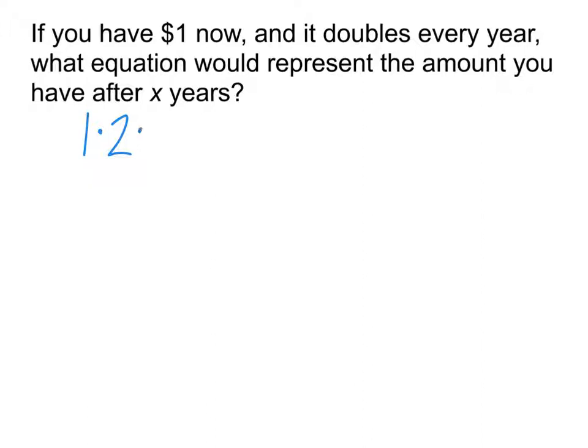After 2 years, I'd multiply by another 2, so you'd have another 2 as the next one. Every single year I add another 2 on there, right? So it'd be like y equals 2 to the x.